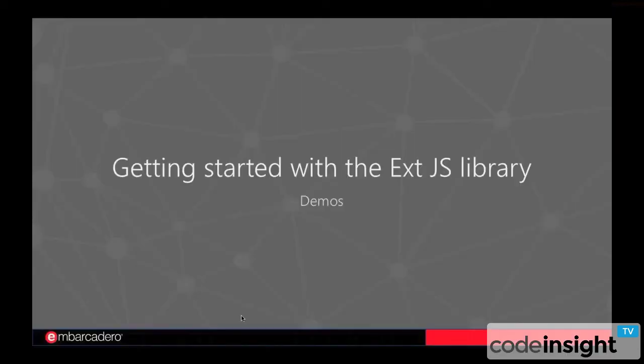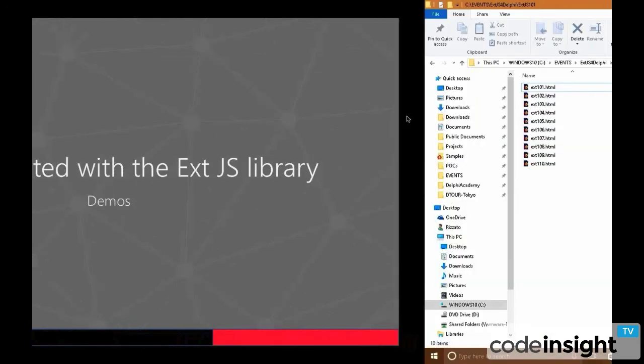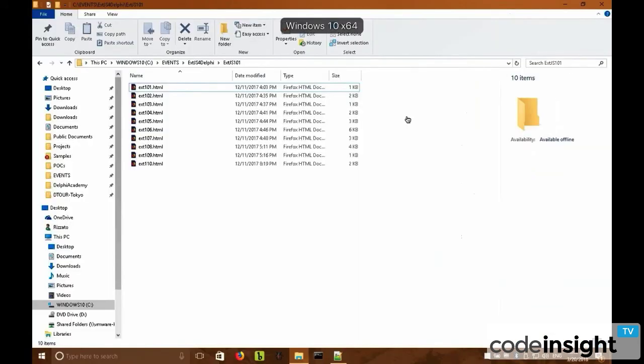So let's take a look at a couple of demos to better understand how the ExtJS library works. So I have here some scripts that I'd like to explore with you. They are very basic, but give us a good idea about how the framework is organized.